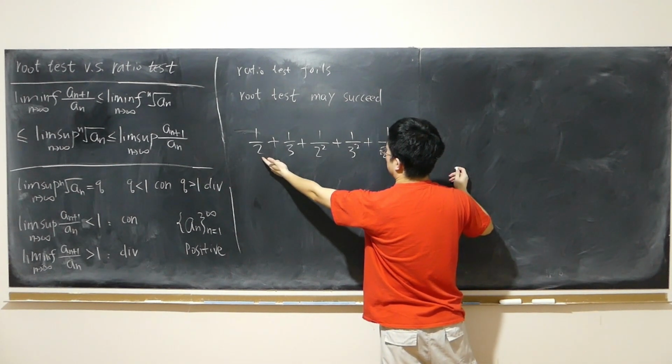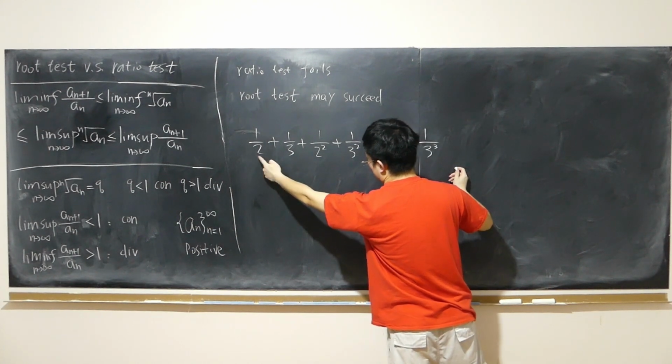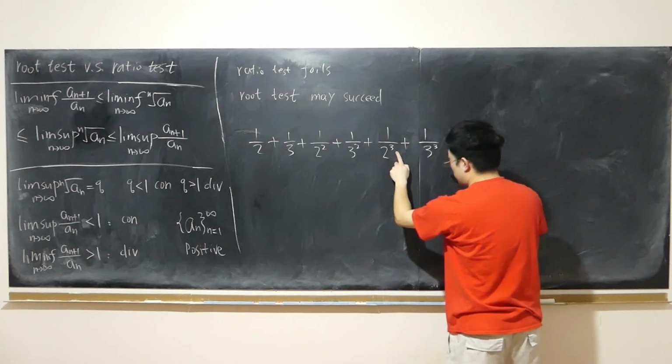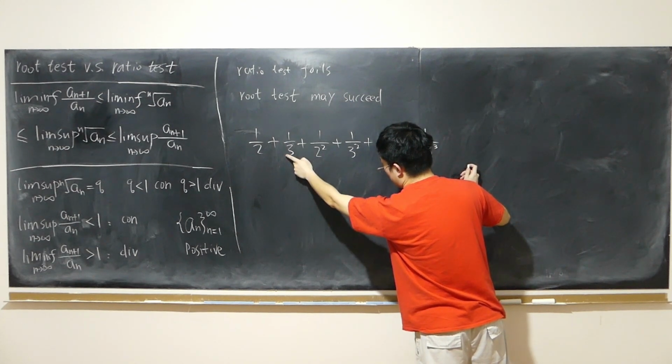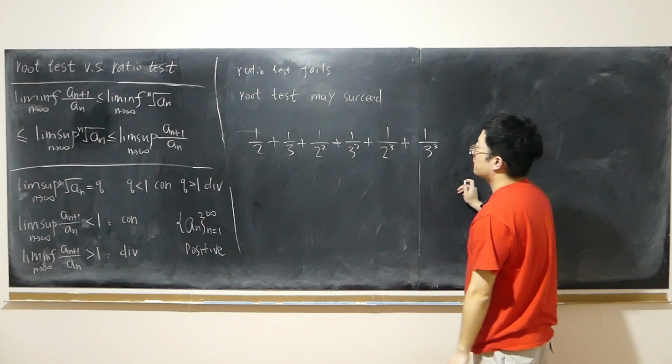For the even terms, we have 3 at the bottom, with power 1, 2, 3 all the way.